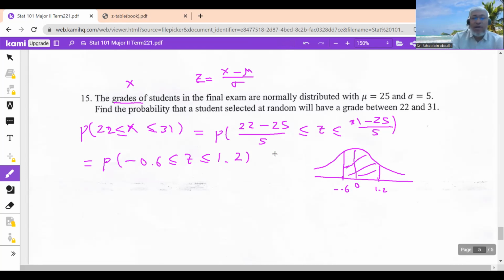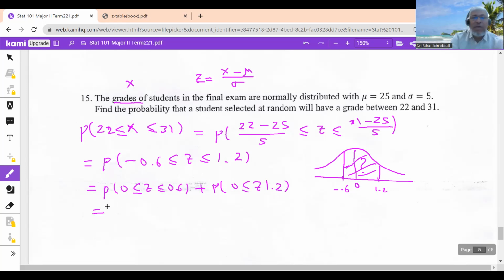Noticing that the table gives us the area from 0 to something, you find the area from 0 to 1.2 and add it to the area from 0 to negative 0.6. There is no negative in the table, but the area from 0 to negative 0.6 is the same as the area from 0 to 0.6.